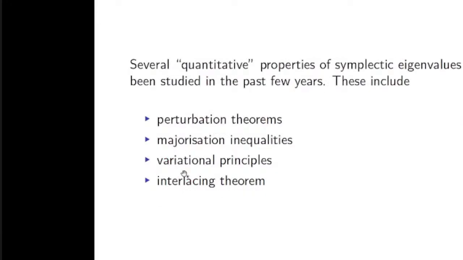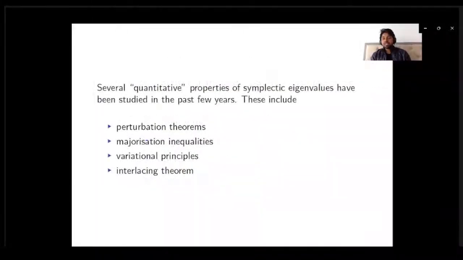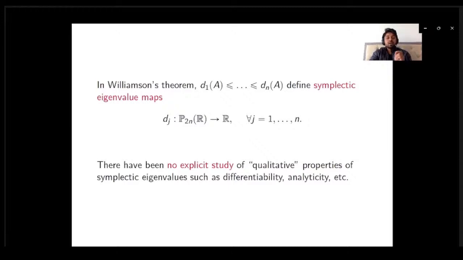So, owing to various applications and importance, several quantitative results of symplectic eigenvalues have been studied in the past. These include perturbation theorems, majorization inequalities, variational principles, and so on. While studying these properties, there was something missing in the literature. Recall Williamson's theorem. Given a positive definite matrix A, we get n unique numbers, d_1 up to d_n.